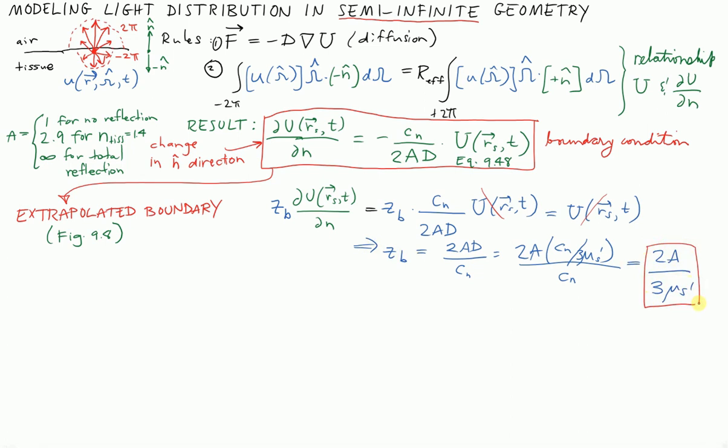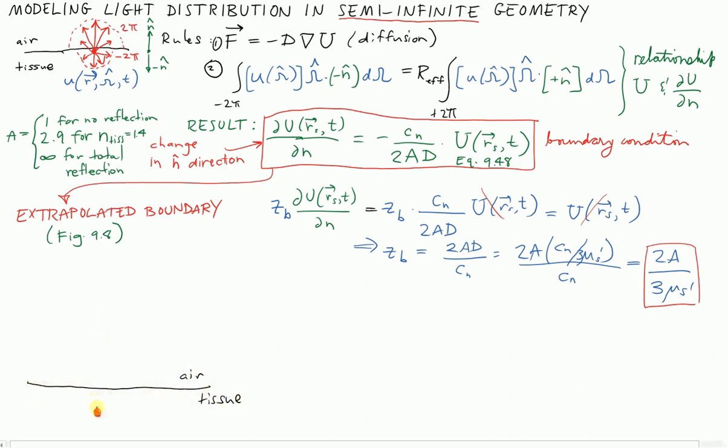As we've seen in class, if we have a tissue, so here again is the air, and here's the tissue. If I send a laser beam into this tissue from above, we've approximated that that's like creating a light source one scattering length below the surface.